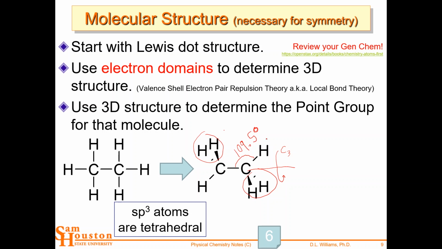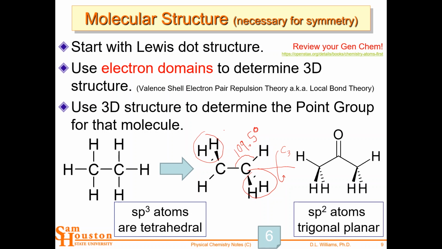You also need to be able to do the other kinds of hybridizations. Here, in acetone, this carbon here is sp2 hybridized. And so then the electron domains around that carbon are trigonal planar. And that tells you also that this is a 120-degree angle.